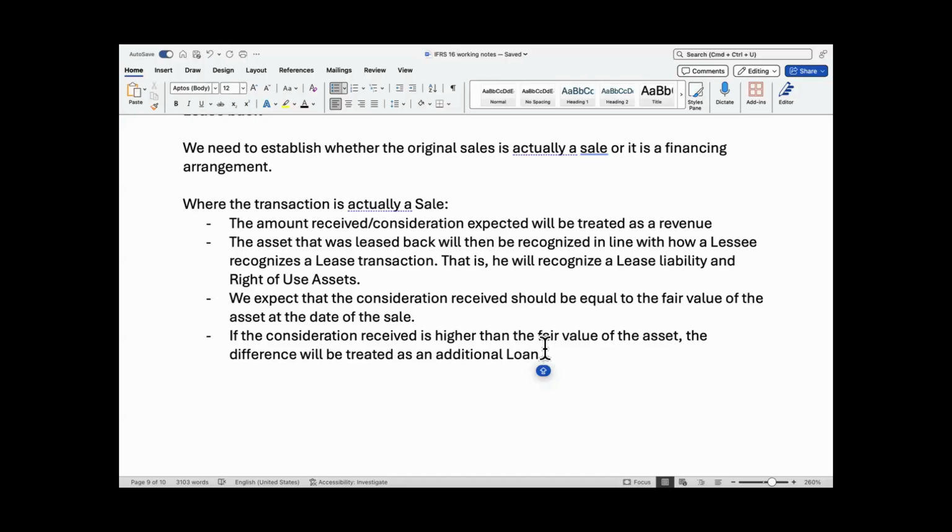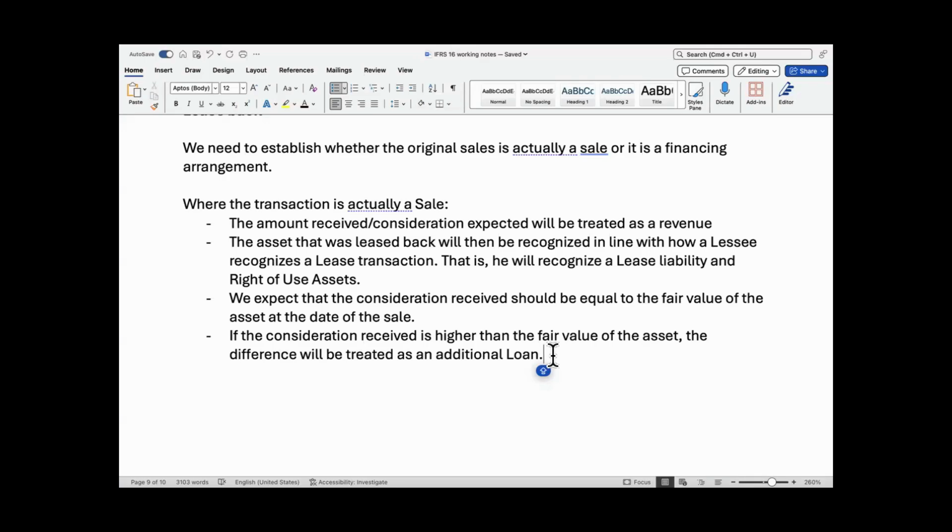This rent he is now paying, the repayment would also include the repayment of the loan. So the major challenge here is to separate the one that is loan from the one that is lease liability.